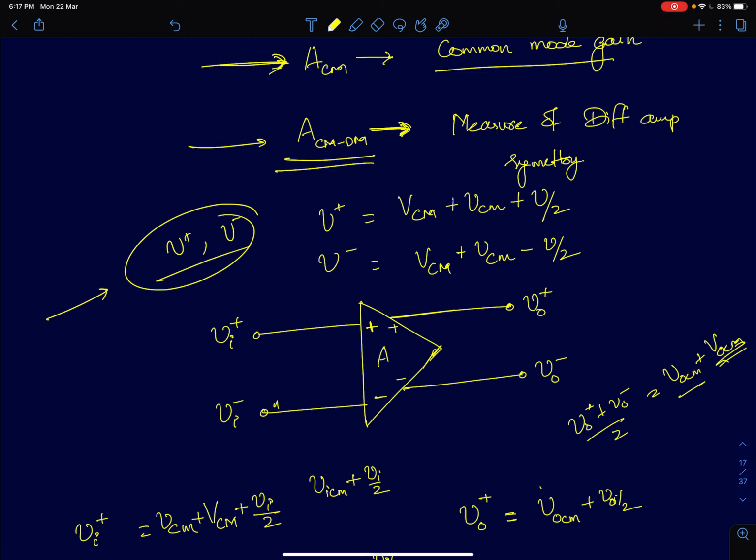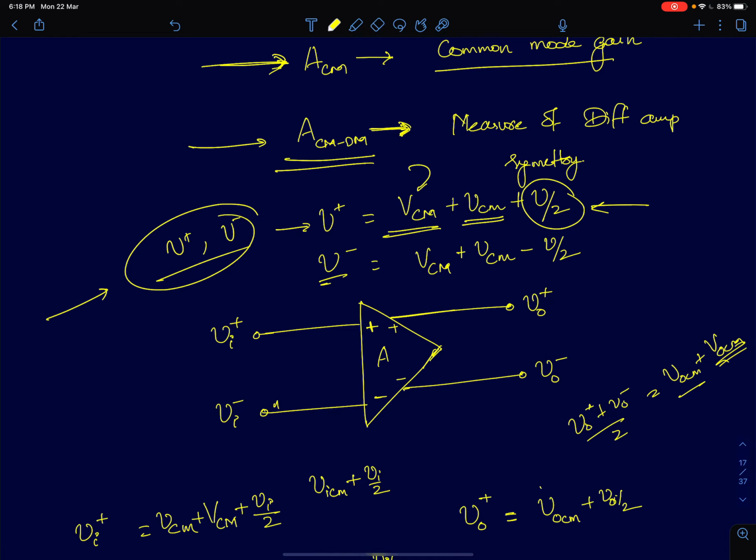This can be input, output, or some intermediate node in a differential amplifier. I can generally write V plus, one of the positive differential outputs, as having a DC content, which I am representing as capital VCM. It will also have a small signal component, small VCM, which is the same at both the nodes. And it will have a differential component, which I have denoted as V by 2.